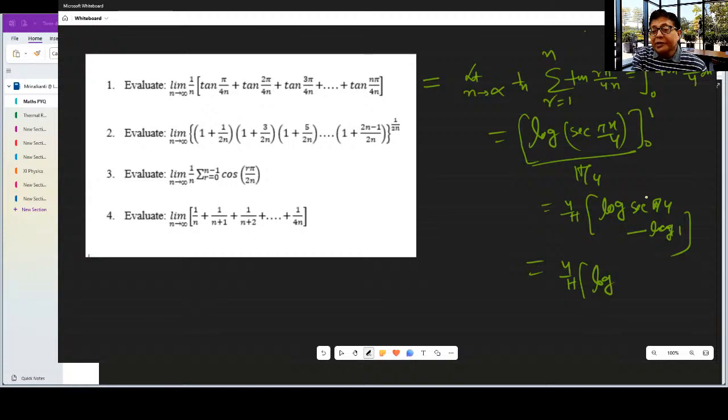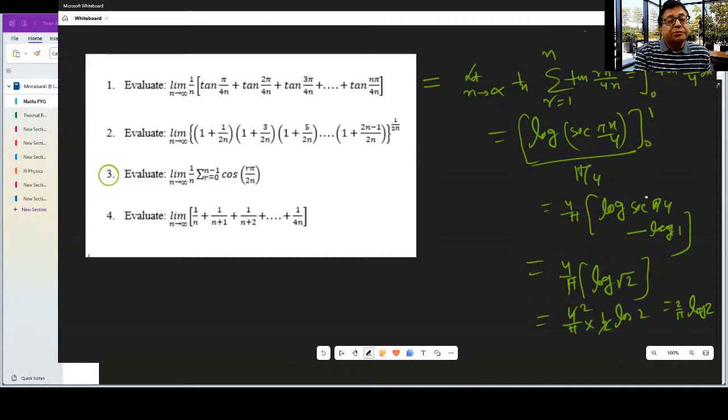So 4 by pi log of sec pi by 4, which is root 2. So you write 2 to the power half, 1 by 2 will come out. So it is 2 by pi log 2. This is the answer.